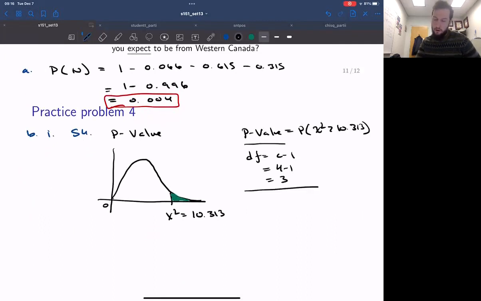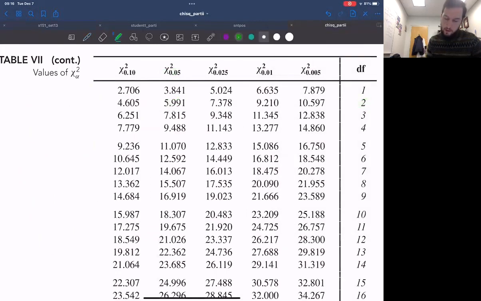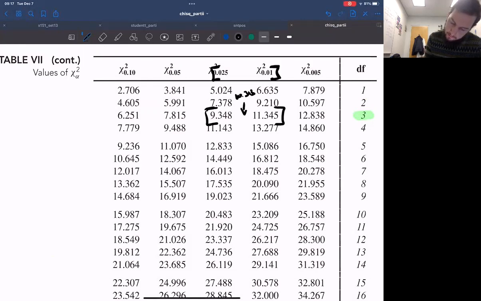All right, so we go to our chi-square table. We have 3 degrees of freedom. 10.313 is going to fit right here. So we're going to be between 9.348 and 11.345. So our p-value is going to be between 0.025 and 0.01.